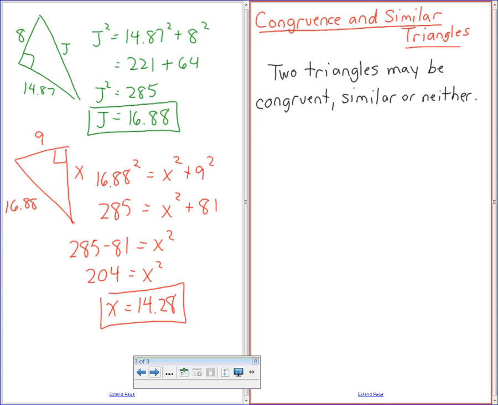So, we're going to say two triangles are congruent if they have exactly the same shape and size.